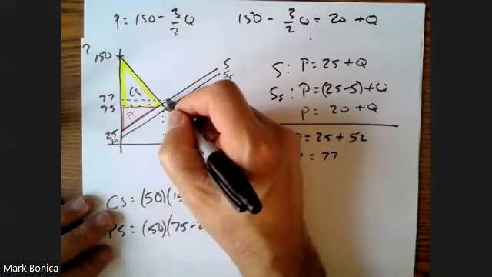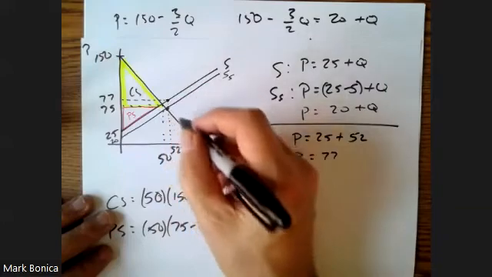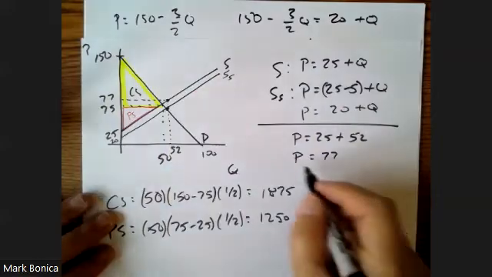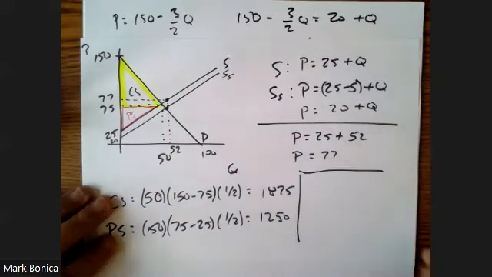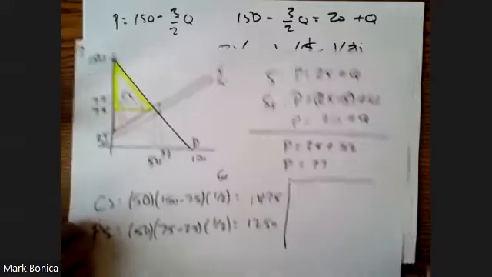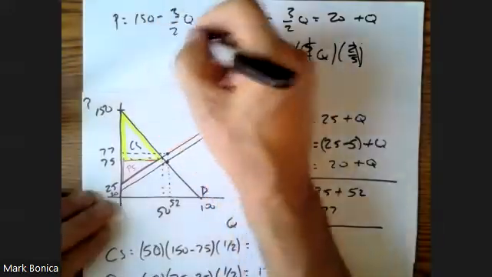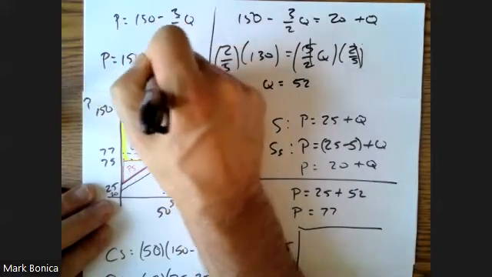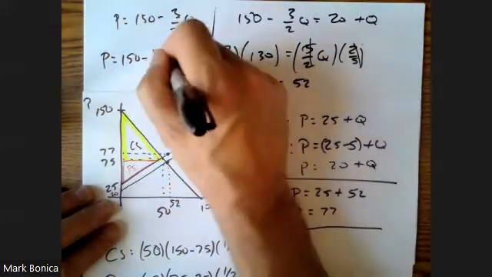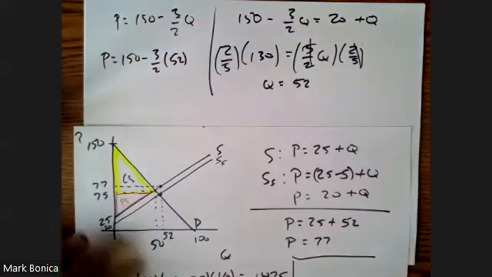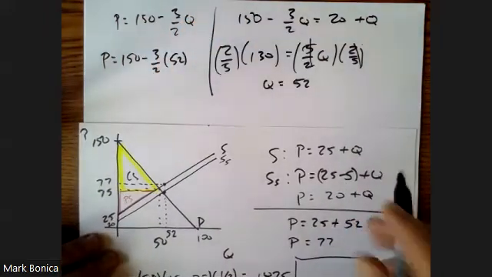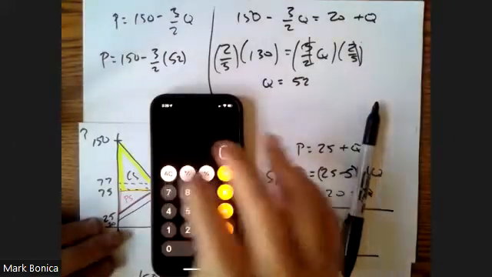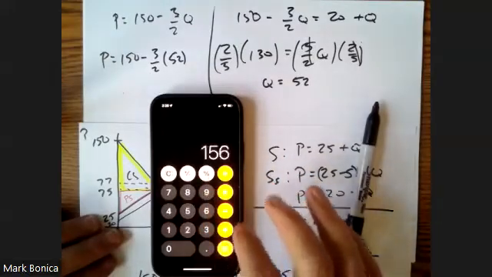So when we draw this over, 77 is going to be the price that goes to the supplier. And the price to the consumer is based on where the quantity line crosses the demand curve. So that is, well, we could do it here. P equals 150 minus 3/2 times 52, which is going to be some funky number, I think. 3 times 52 divided by 2.